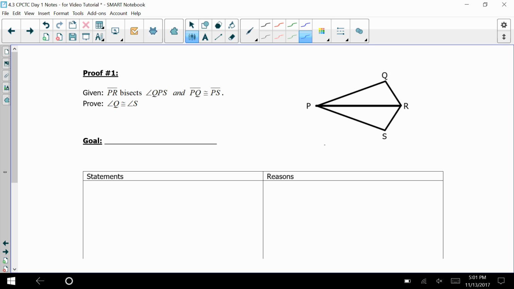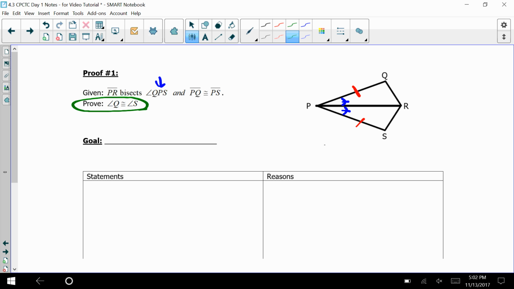Okay, so we have PR bisects QPS. So QPS is there. So PR is bisecting this angle. That means this angle is being broken up into two congruent parts. Okay, so we can prove those two to be congruent, those two angles I just marked. And then also PQ and PS are congruent. So we can mark that. But the goal of the problem is to prove that angle Q is congruent to angle S. We can't say that angle Q and angle S are congruent yet.